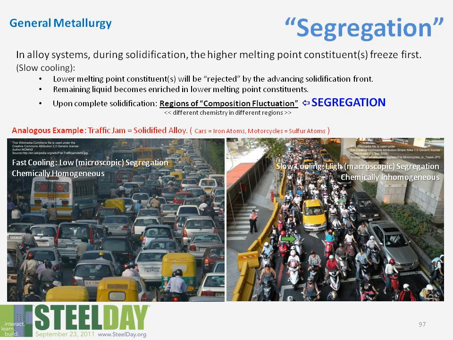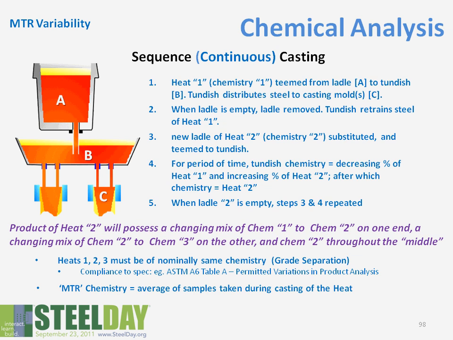What has happened is the motorcyclists, or the sulfur atoms, have been able to be pushed out from amongst the cars, and they are highly segregated. Comparing the two graphically illustrates where segregation can go. So you can get variability in the chemistry due to slower cooling, again, that tends to be predominant in ingots.